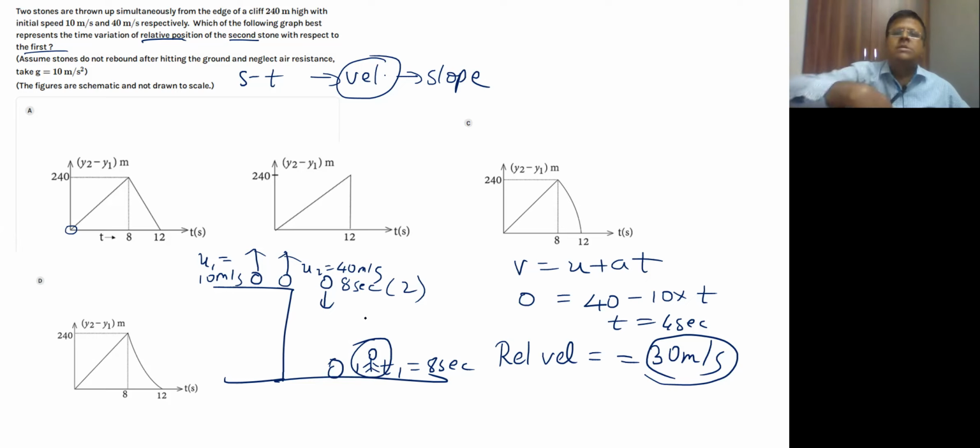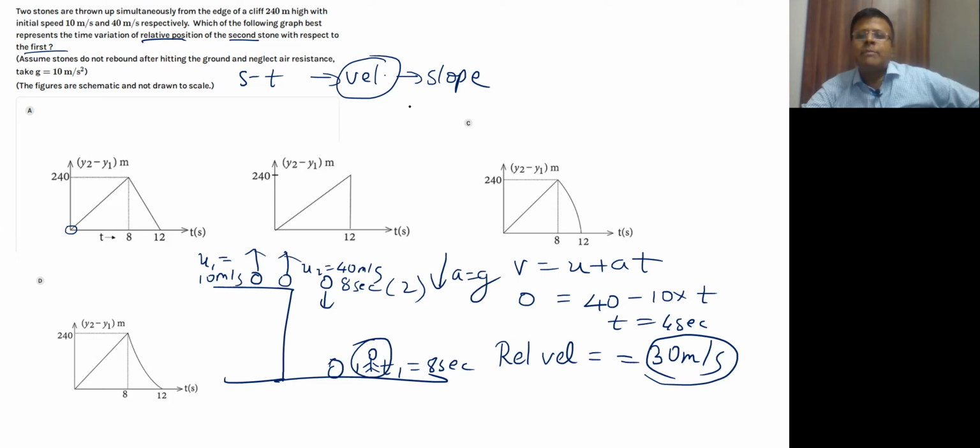Negative, because acceleration in the downward direction we take as negative. So in the position time graph, when you're having an acceleration involved, we know that you're going to get a parabola, and it's a negative acceleration, and therefore you will get a parabola which is going to be open down.